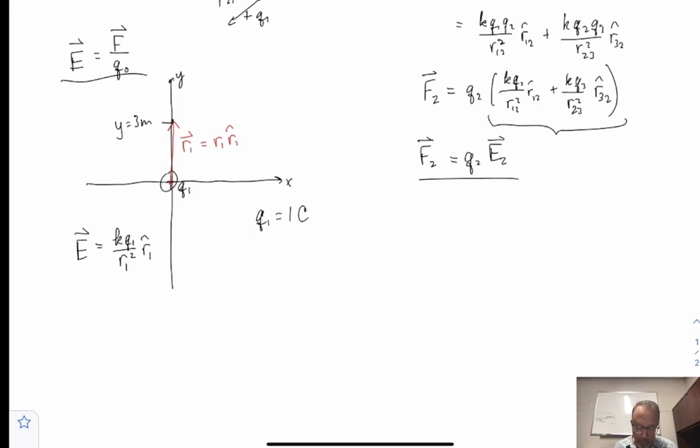And we want to know what's the electric field at y equals 3 meters. So we're going to compute the electric field. We'll call this point A. Why not? The electric field at A is equal to K times Q1 over R from 1 to A squared, in the vector 1 to A direction.